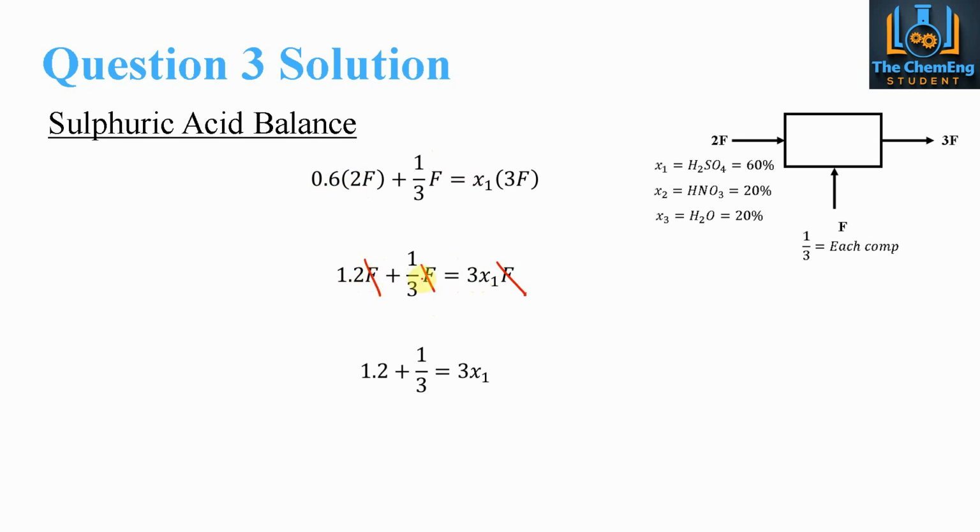A third of F is just going to stay there, and then we have 3 x1 F. Now the flow rates, we can assume under steady state conditions that F must be equal at each part. So therefore the F's will cancel, and now we can rearrange for the only unknown within the system to be x1. So that means that x1 is now 0.51, i.e. 51% of the product stream is made up of sulfuric acid.